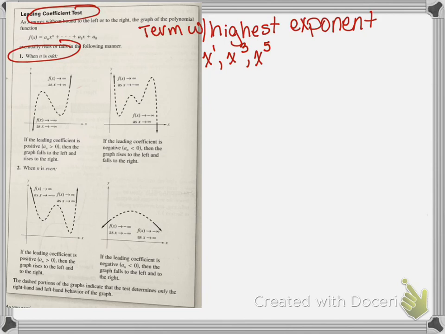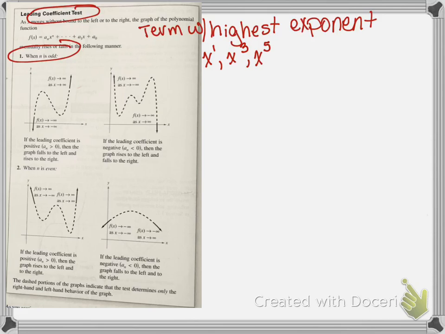Anytime your highest exponent is odd, the ends of the graph are going to go in different directions. Think about a line. If I have a line, it goes in different directions. One goes down, one goes up.